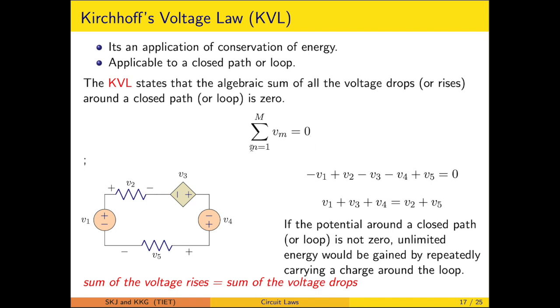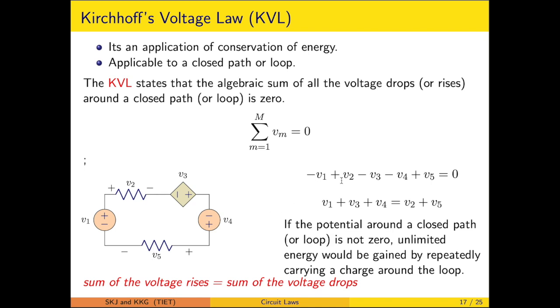Now just to illustrate, the equation is given. Let's say we are oriented around this particular closed loop. So V1 is a rise, V2 is a drop, V3 is again a rise, V4 is again a rise, and V5 is a drop.